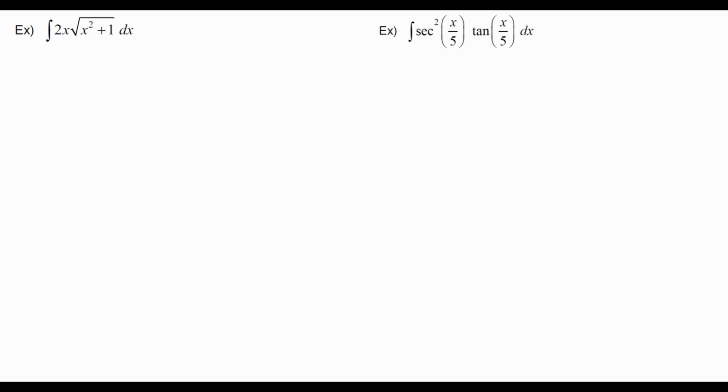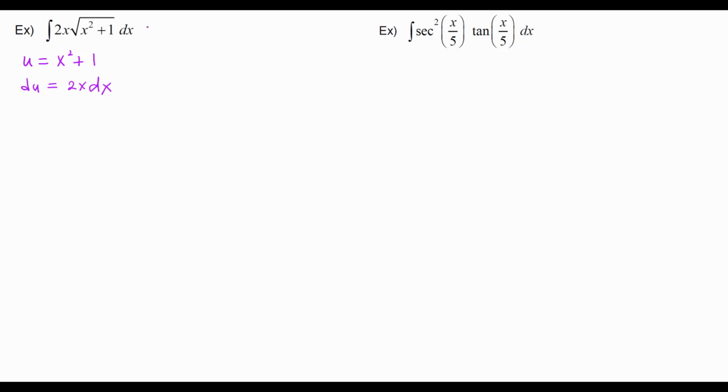So let u be x squared plus 1, and you can take the derivative of each side. Derivative of u is du, and derivative of x squared plus 1 is 2x dx. Do you have it? Yes, I do.